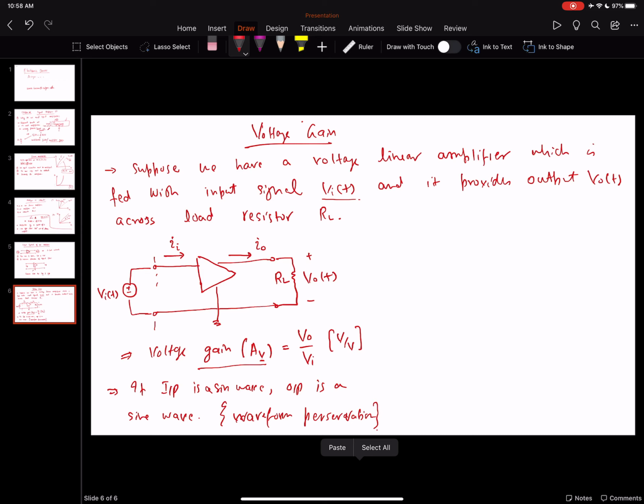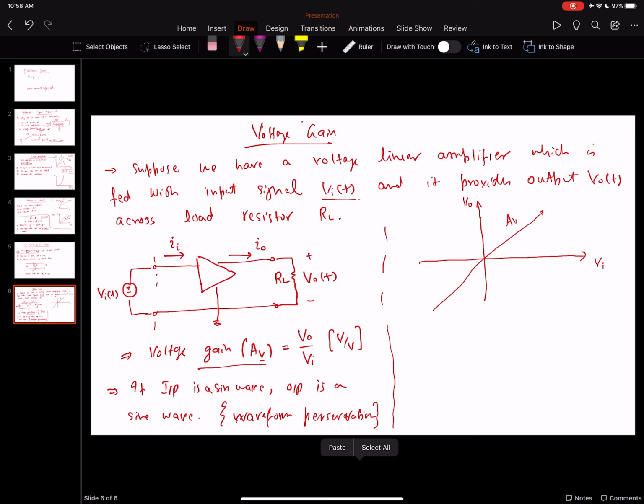Let's do one more thing here. As I have told you, we can represent a linear amplifier by this plot. Here is your VI, here is your V naught, and the slope of this line is the voltage gain factor, AV.